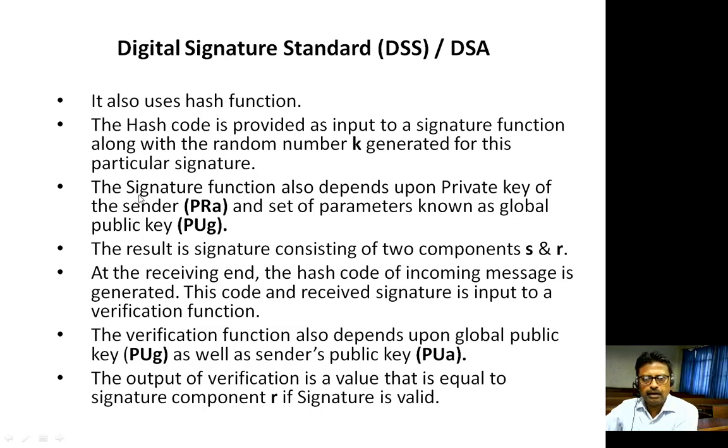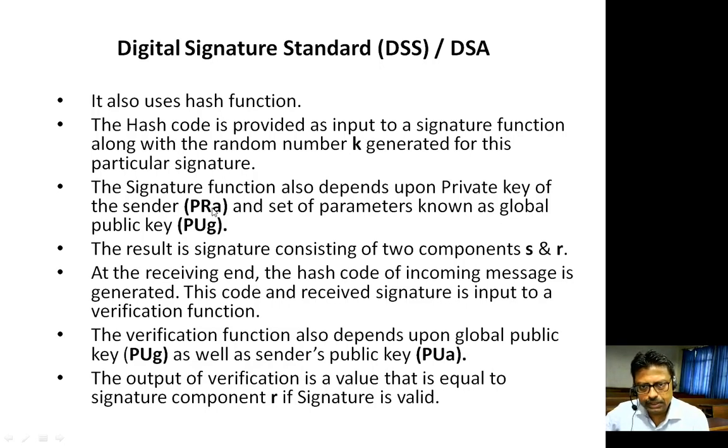Now what is in the signature function? The signature function also depends upon the private key, because the private key is available with the user itself. So the private key of the sender, and we set the parameter which is known as the global public key. So two new parameters come into the picture, k and PUG, where k is a random number and PUG is the global public key.